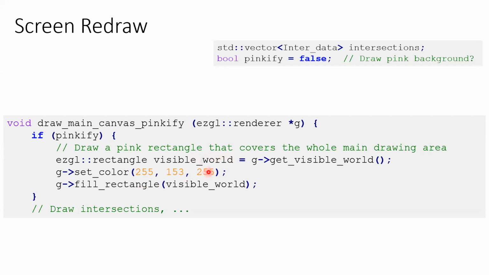The visible world can be obtained by g.getVisibleWorld. This will be a really useful one if you want to get your program to run faster later. And this color is just the RGB for the pink that we are going to use. Is this clear?